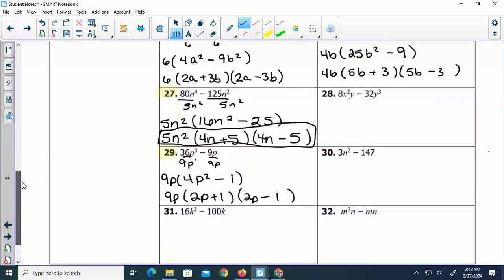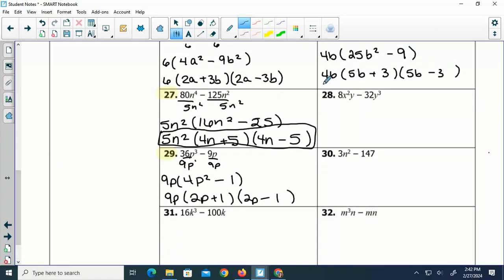Let's do, why don't you guys try 28 and 34. If you took out a 4, then you're left with a 2 and an 8, and those aren't perfect squares. What is the biggest number that divides both of those? 8.